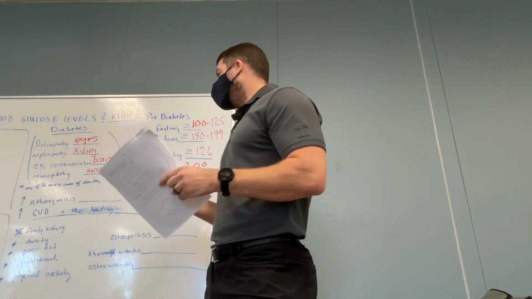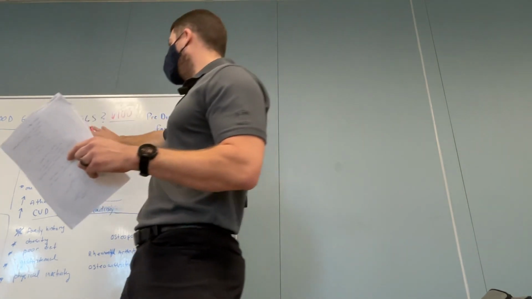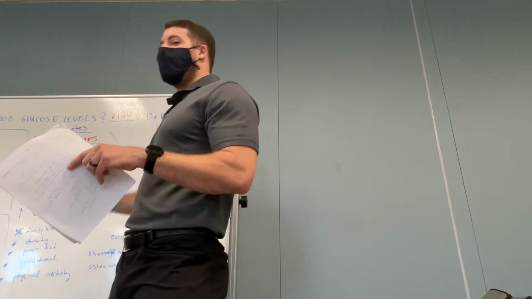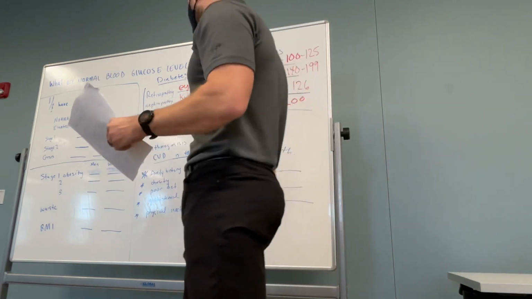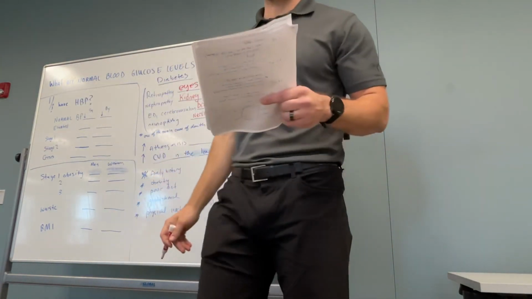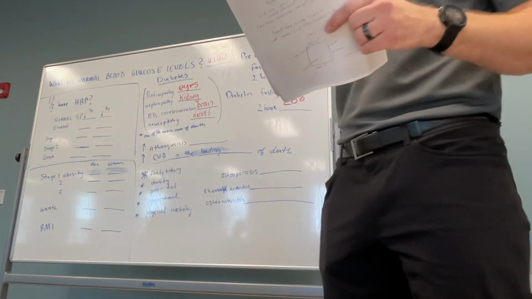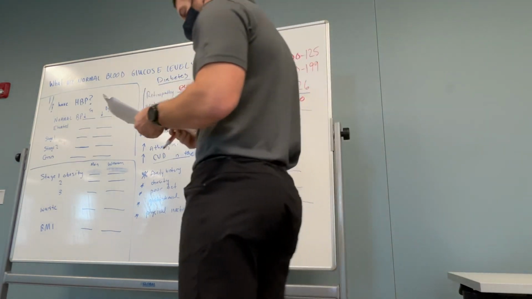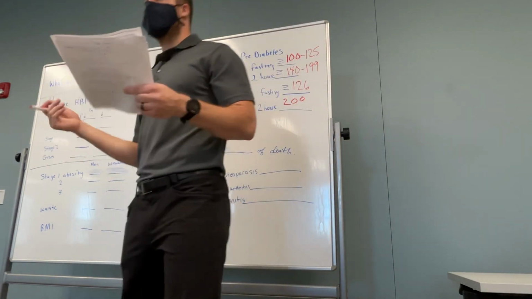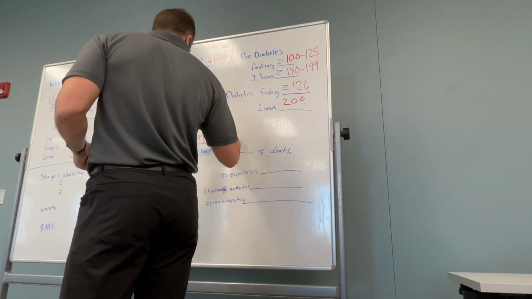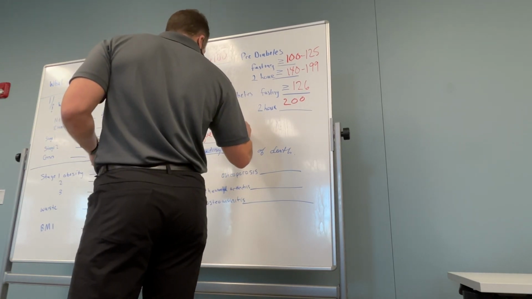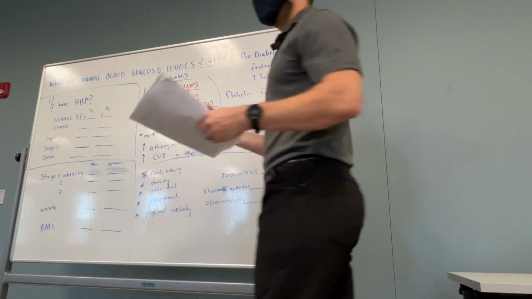Okay, and these are the main causes of death of diabetes as well. Make sure I have that on there. Okay, atherogenesis. What do you think that is? That's the plaque formation that occurs in blood vessels.